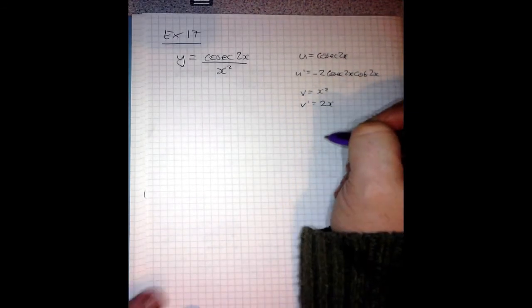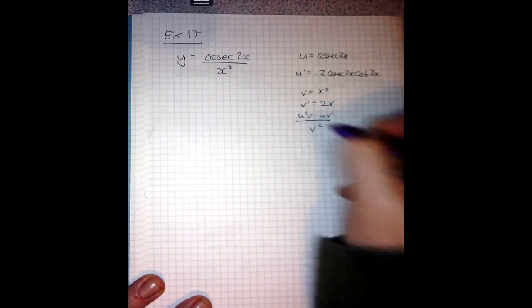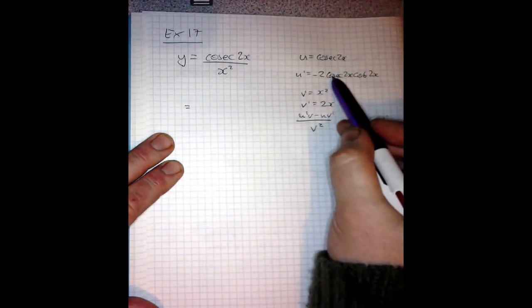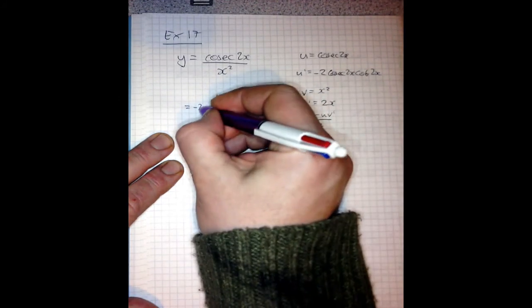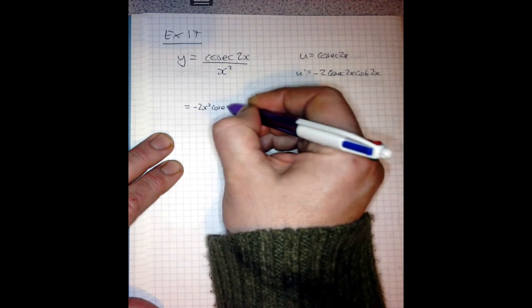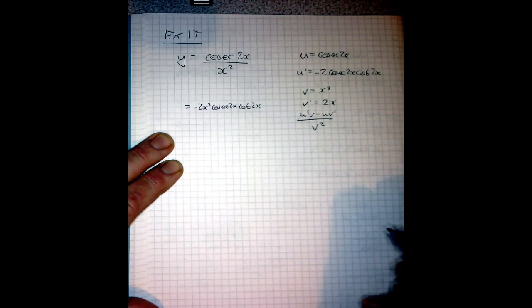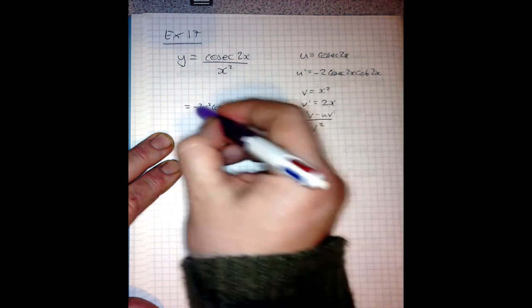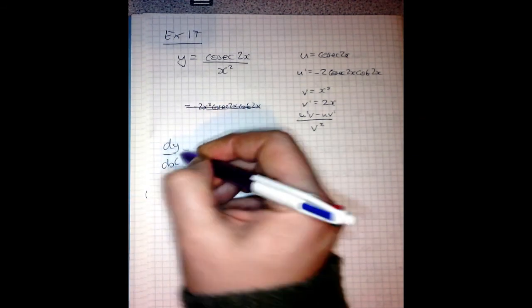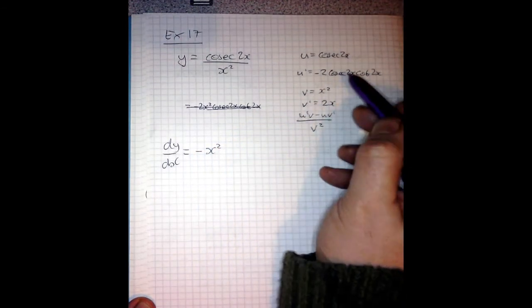Dy dx is minus 2x squared cosec 2x cot 2x minus U V dash, 2x cosec 2x, all over V squared, x to the 4.